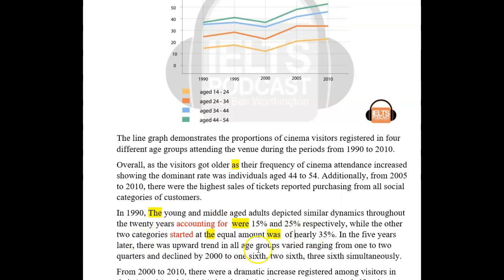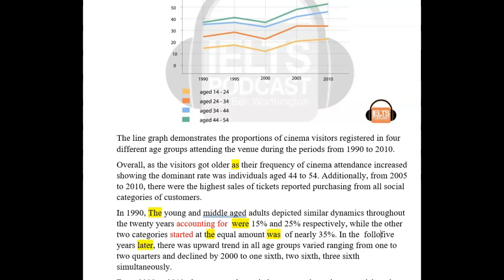In the 5 years later, in the following 5 years, either 5 years later, or if you're starting with in, you have to say in the following 5 years, there was an upward trend. Now you need an article there. Upward trend in all age groups, varied, ranging from.